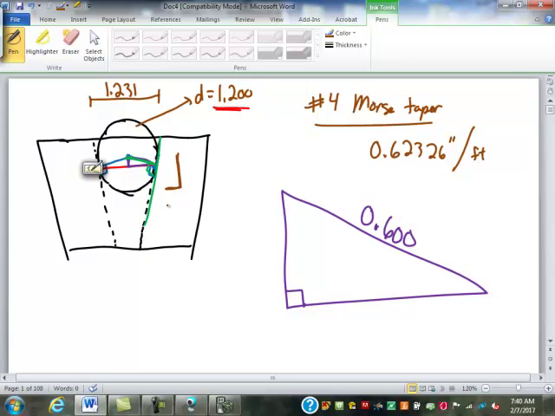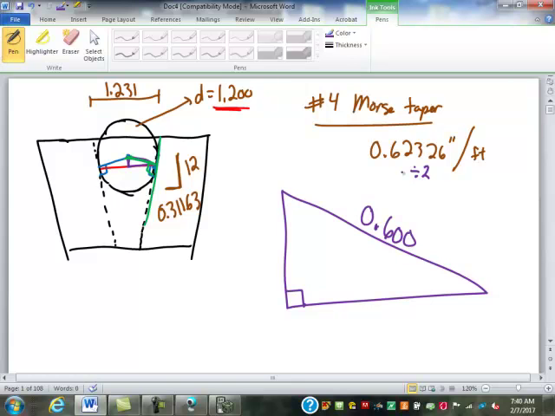It is not 0.62326 to 12. Where did I get the 0.31163 from? 0.62326 divided by 2.